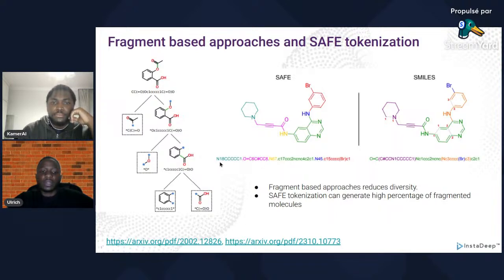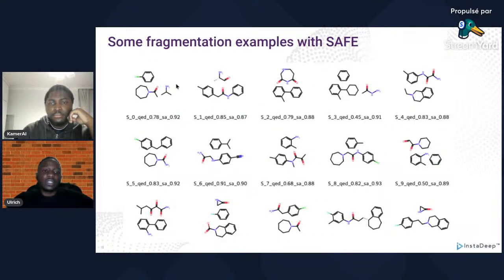For example, in this molecule here, you have an 8. The machine learning model needs to also generate an 8 in the second fragment in order to link these two fragments. If your model is not able to capture this, then you sometimes end up generating molecules that just consist of a collection of fragmented molecules. This was the issue we noticed with the SAFE representation in our work.